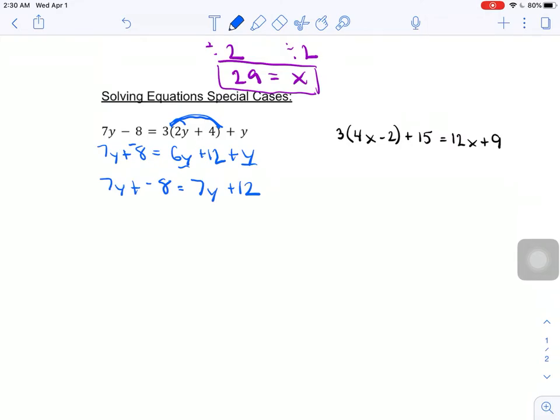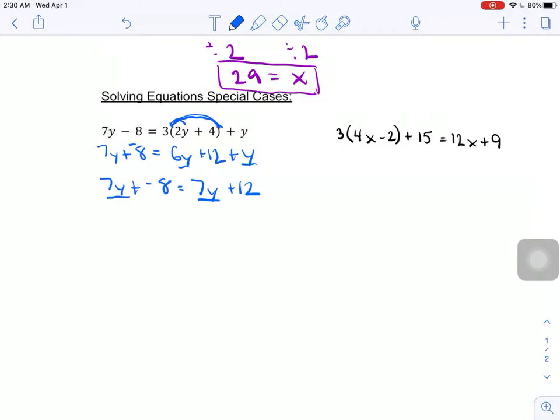Now we're on our variables on both sides step, and this is where we get into a little bit of an interesting situation. So I said these are special cases, unique things that can happen sometimes when you're solving an equation. Normally, if we have variables on both sides, we would look at both of them and decide which one's smaller. Well, in this case, they're both the same. It doesn't matter which one I get rid of.